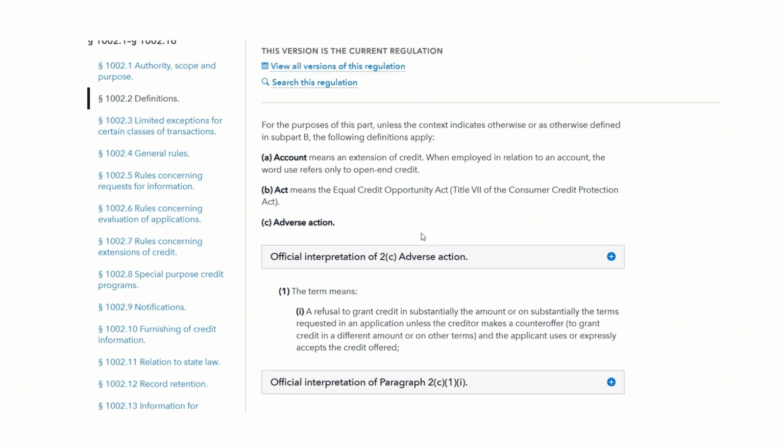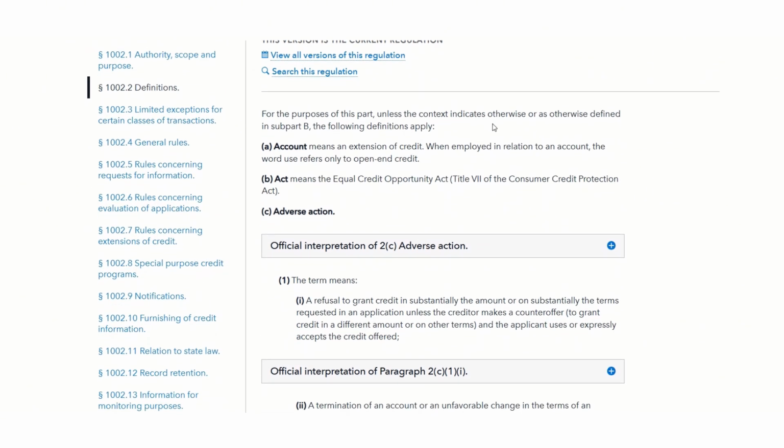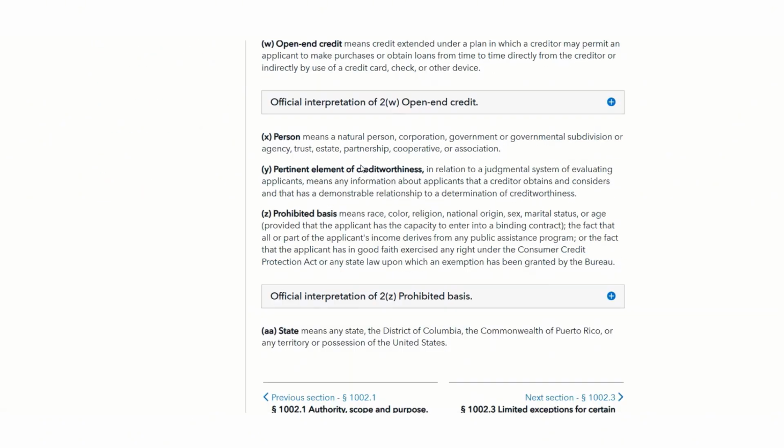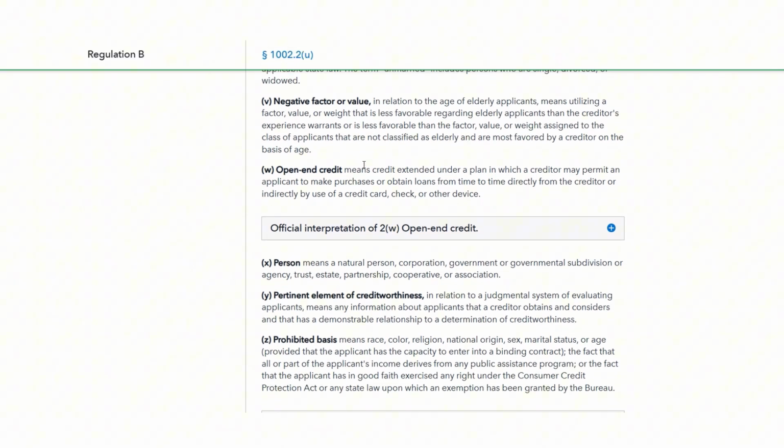That's account I'm talking about. An extension of credit, when employed in relation to an account, refers only to open-end credit. And when we look up open-end credit, it means credit extended under a plan.